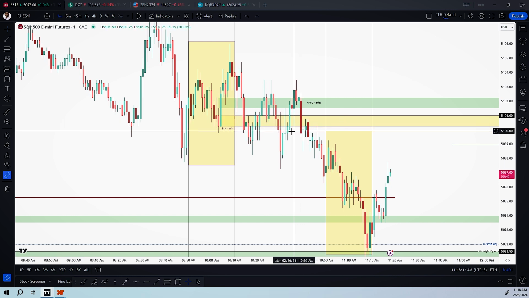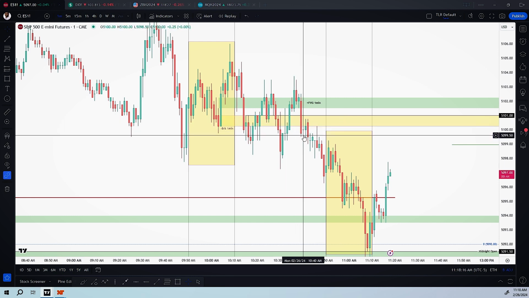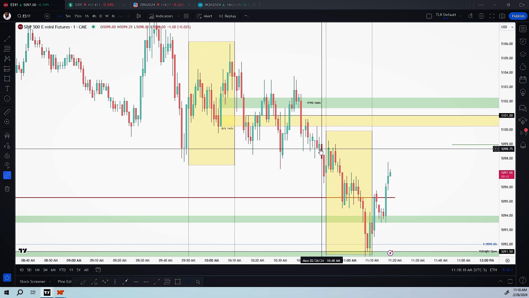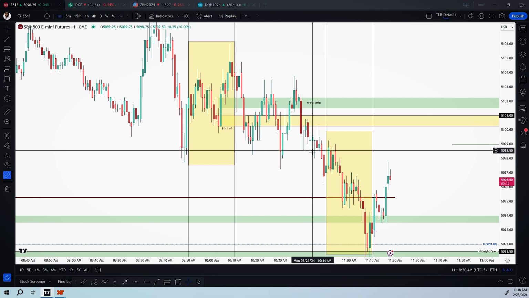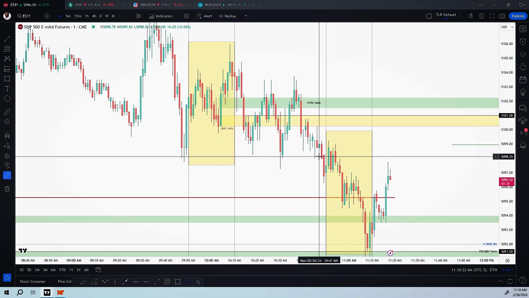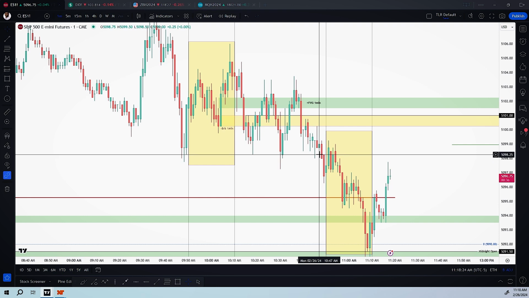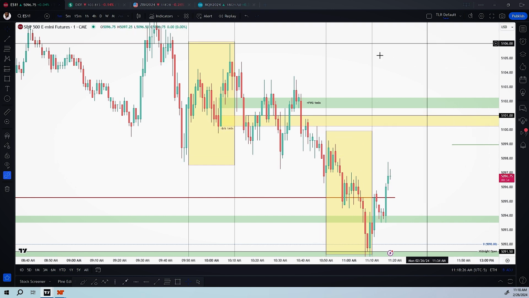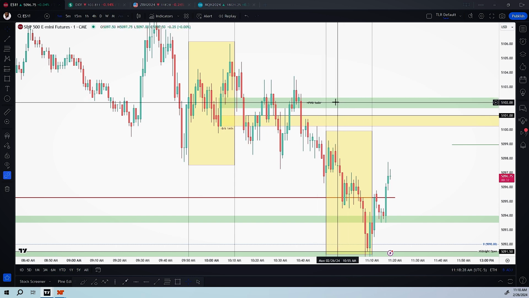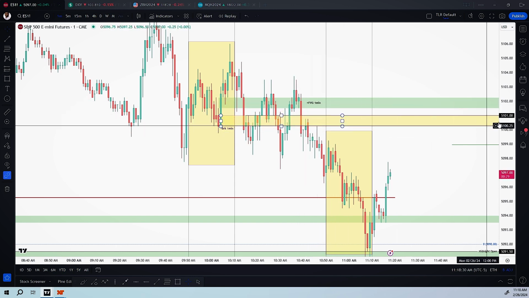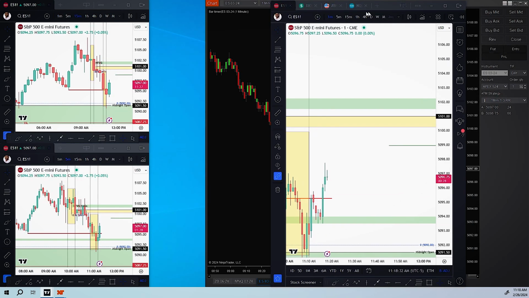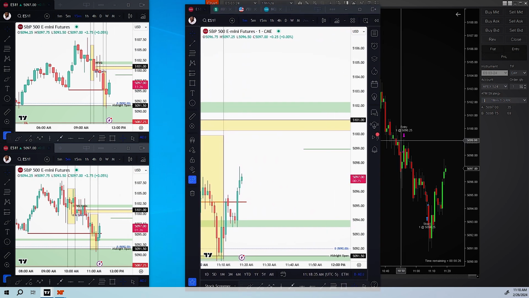So as we were getting ready to come into the macro time, I said we're probably not going to go back up here anymore because of how price was trading. So I accepted the risk. You see right here, entry on this 1 minute SIBI.